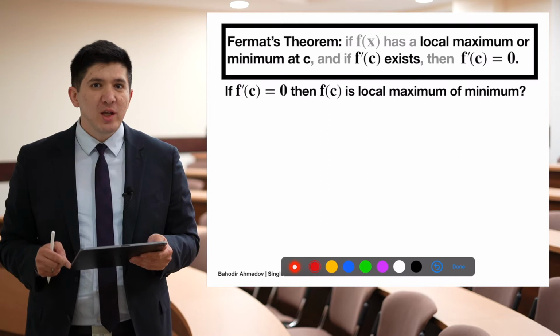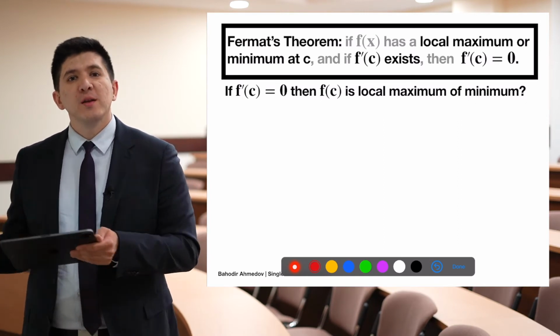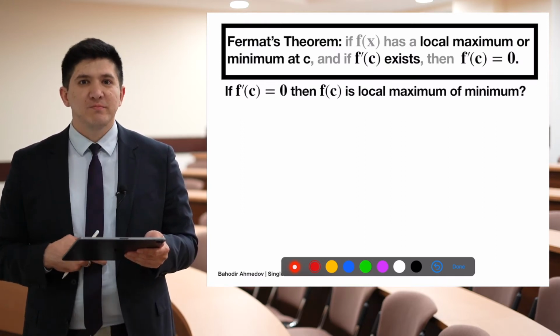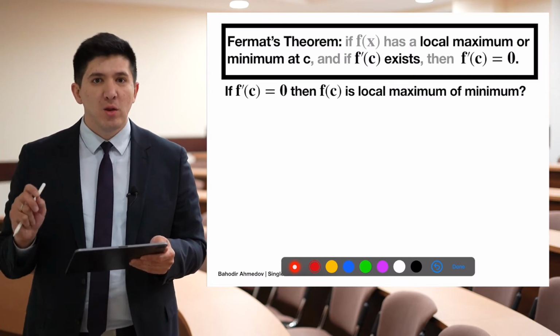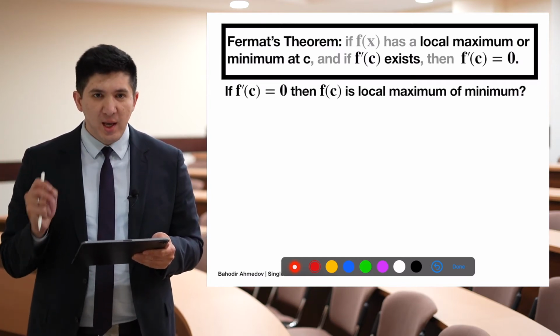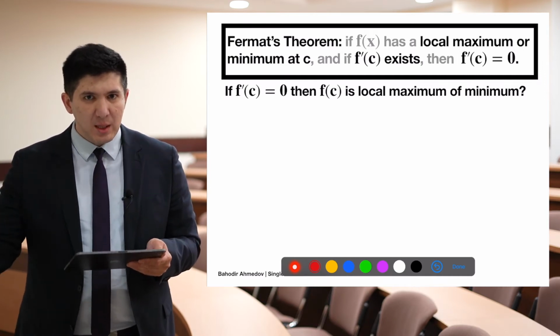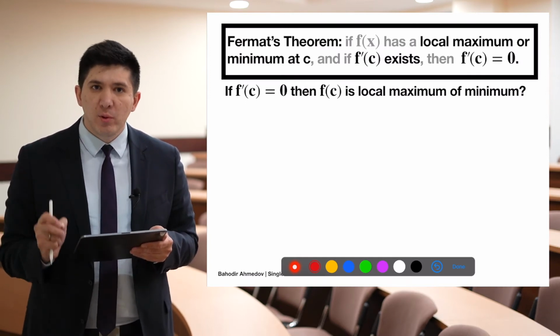We know how to find the derivative of the function, and we know how to find the zeros of the derivative. So we have to use this fact in order to find the local maximum and local minimum. The question is, if the derivative is equal to 0, does it mean that this point is a local maximum or local minimum?